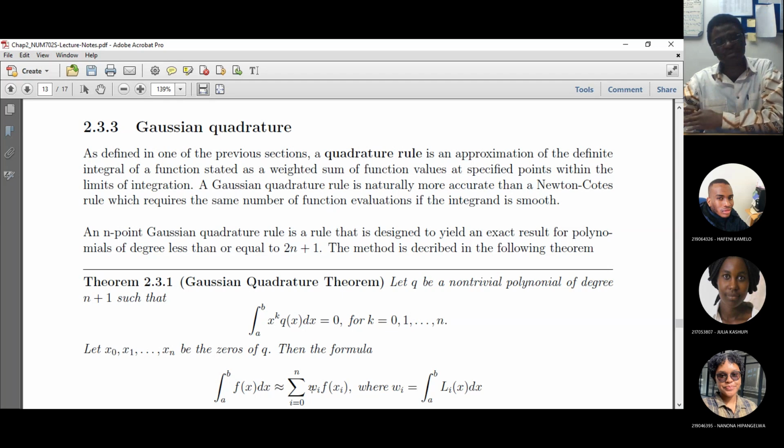Of course, there is an error term, and the quadrature formula has a degree of precision. So don't forget about the degree of precision of the quadrature formula. The degree of precision can be embedded in the error term. That is, if you know the error term, because the error term is written as a particular derivative of the function, we know that the order of the derivative in the error term is the degree of precision plus 1.